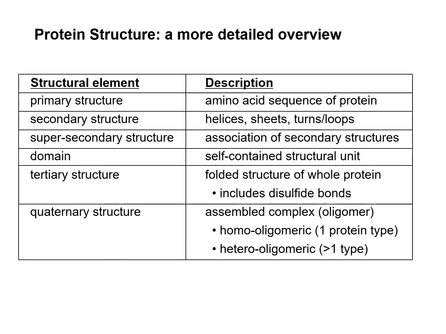And tertiary structure is again the folded structure of the whole protein or the whole polypeptide, and it also includes the intramolecular disulfide bonds that were formed by the side chains of the amino acids within that polypeptide. And lastly, the quaternary structure is an assembled complex consisting of multiple polypeptides. So it can also be called oligomers.